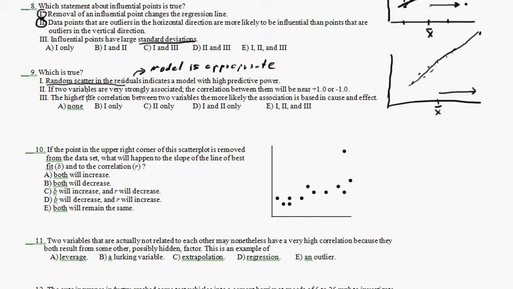Alright? So, 2, if two variables are very strongly associated, the correlation between them is exactly 1 or -1.